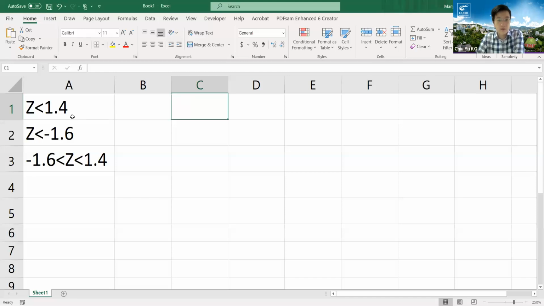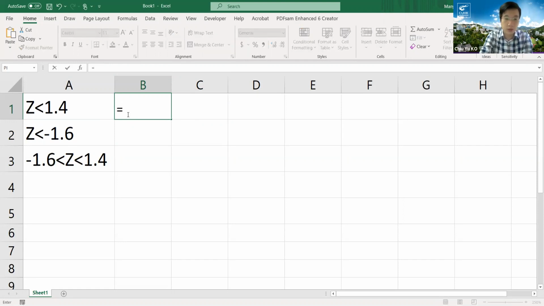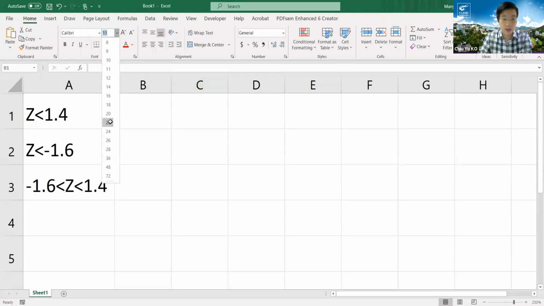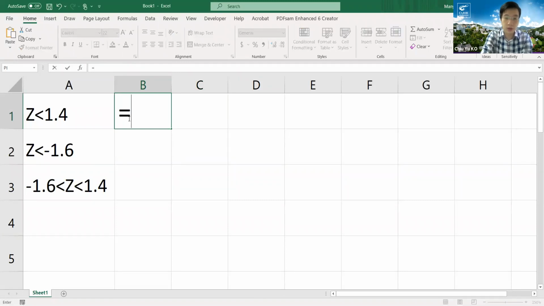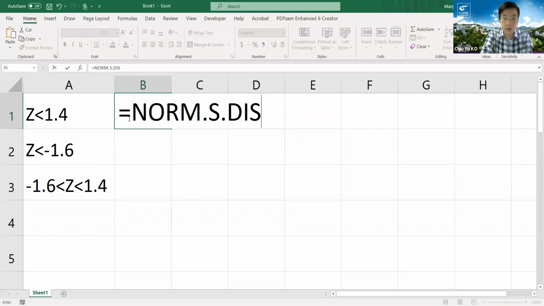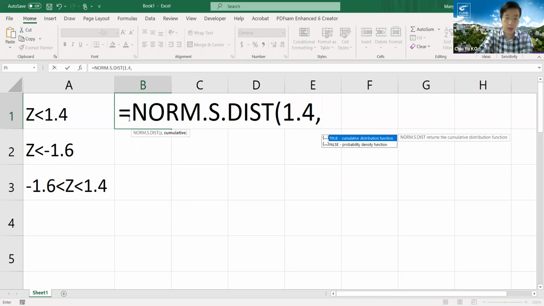So how do we find the first one, right? Of course, you can use the Z table, but now we are using a computer, which will be faster. So we type equals, maybe I need to make the font size big enough. We type equals NORM.S.DIST, the normal standardized distribution, and it's 1.4, cumulative, true.